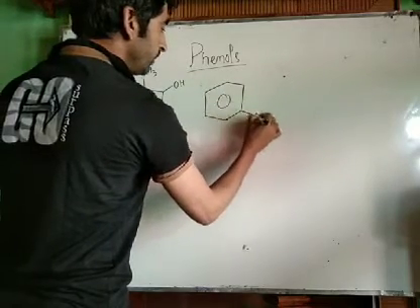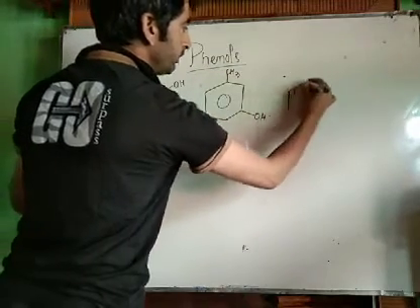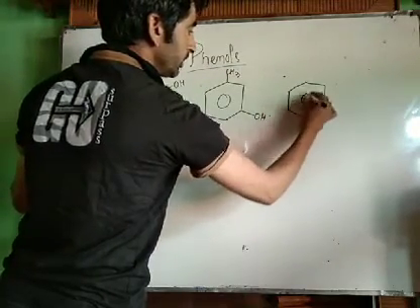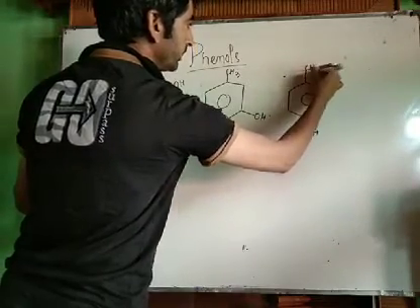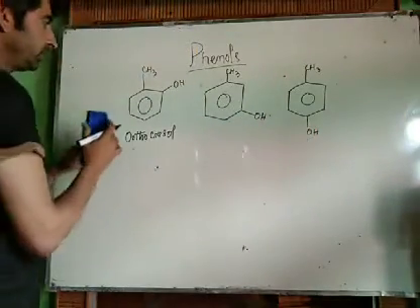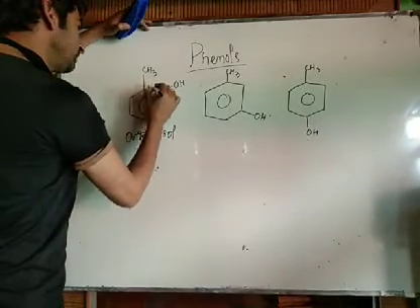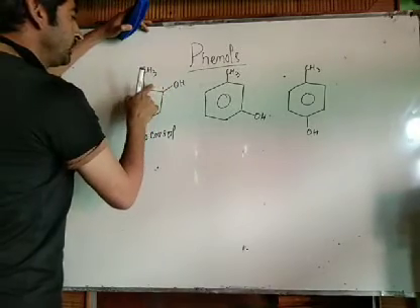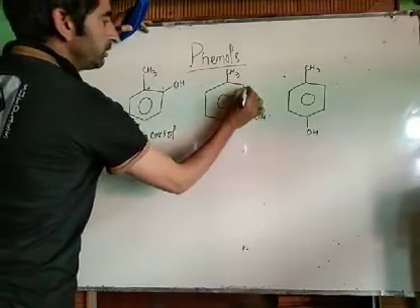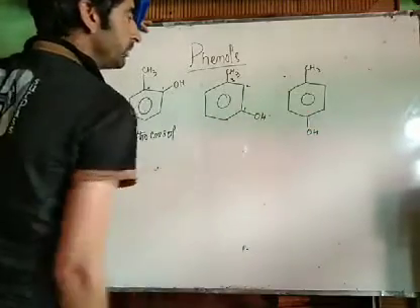And if the OH group is present at para position, then the compound is called paracresol. We can number this 1, 2: this is 2-methyl phenol. This is 1, 2, 3, 3-methyl phenol. This is 1, 2, 3, 4, 4-methyl phenol.